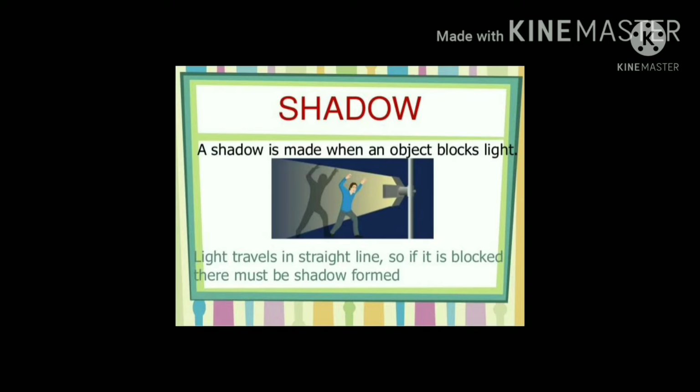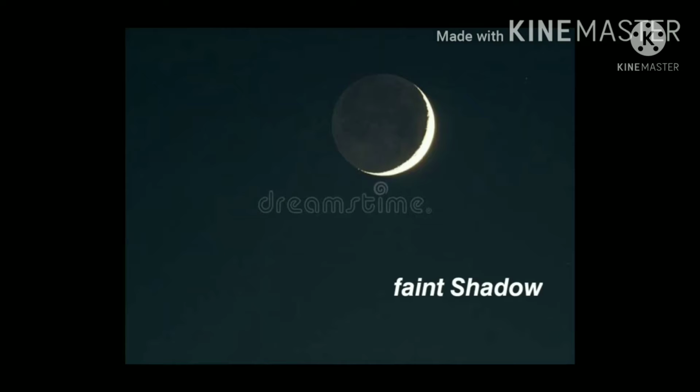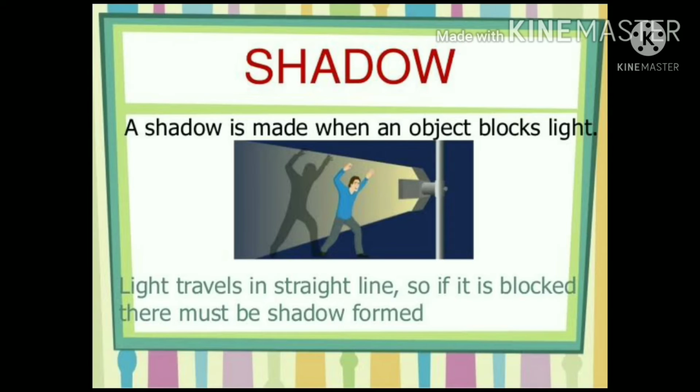A translucent object also creates a faint area of darkness, that means slightly. An area of darkness formed by an opaque object obstructing light is called a shadow. So what is a shadow? An area of darkness formed by an opaque object obstructing light is called a shadow.